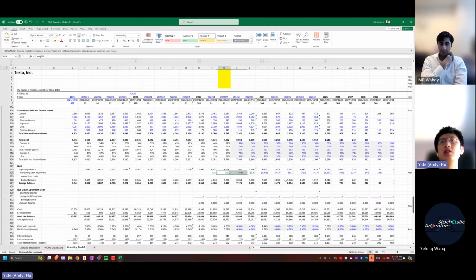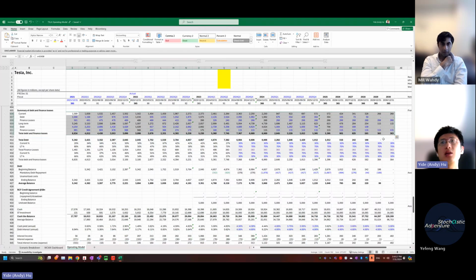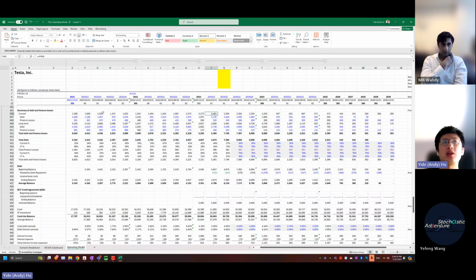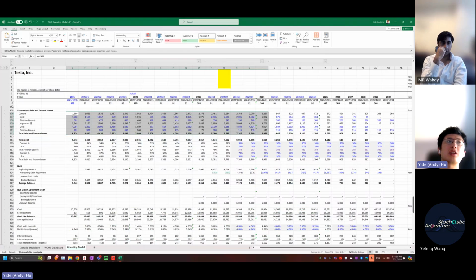Right. Because on each of the years they give out the numbers. So these numbers on top I grabbed from the 10K. Actually, here I grabbed these from the 10K, because they tell you what's the current debt versus the current debt finance leases versus long-term debt finance leases.